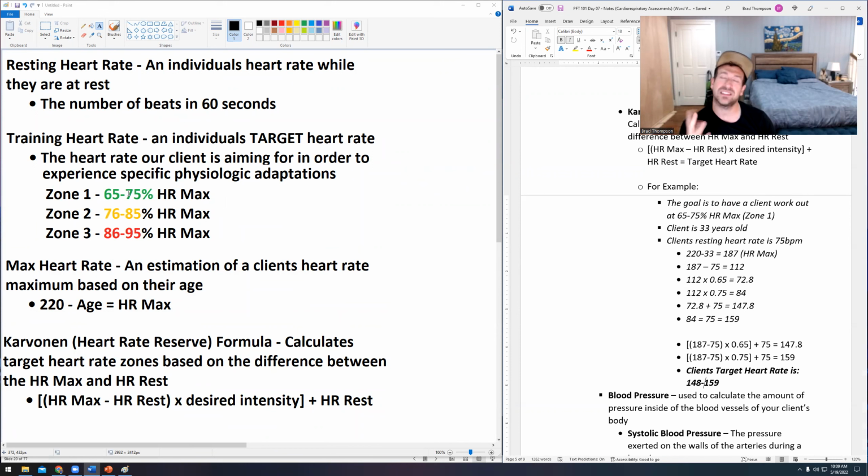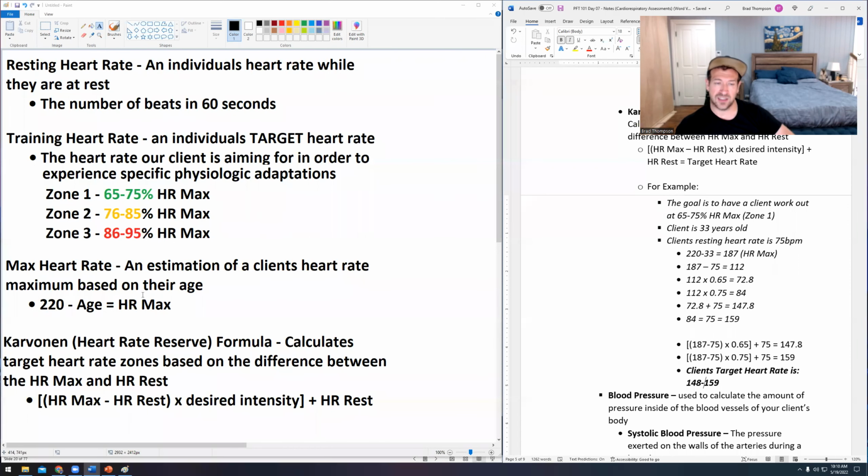But also a field sport, like playing pickup basketball, right? You need to be able to sprint, but you also need enough endurance to get through a game. So this zone 2 is going to be really valuable, 76 to 85%. Or if I want you to be able to sprint and then get plenty of time to recover, right? That's 86. I want you at a very high percentage.